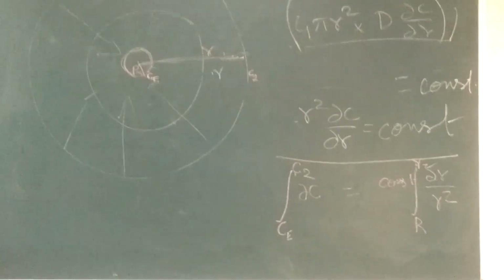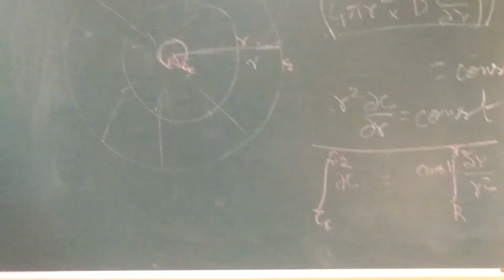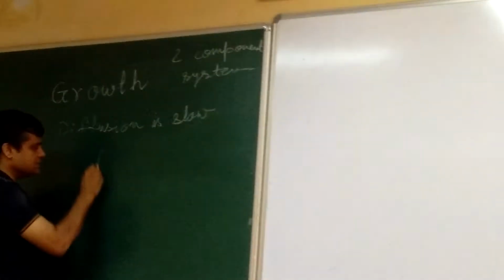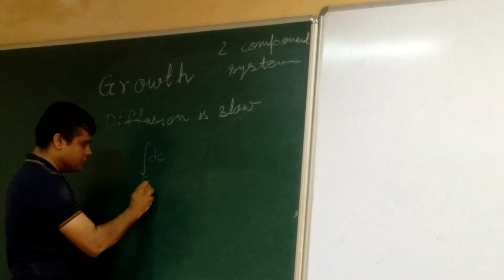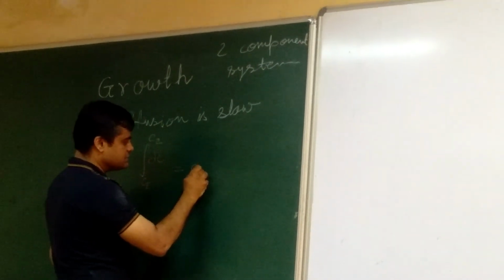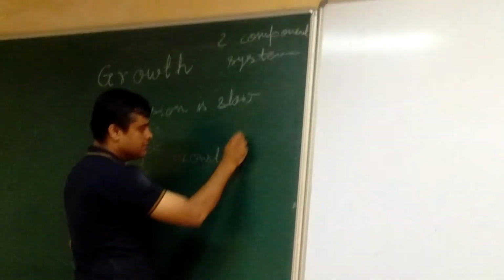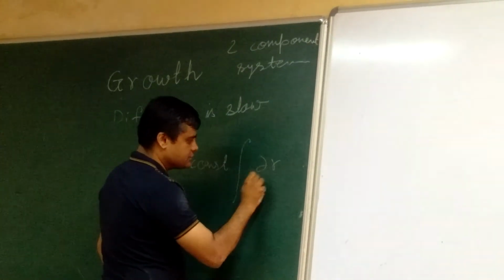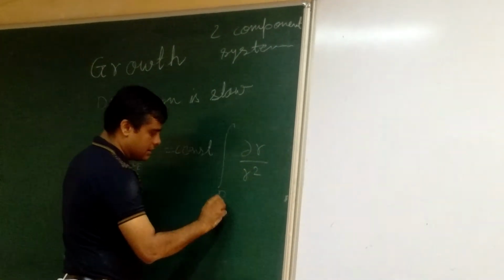Is it okay? Anyone not following, please let me know. In this equation, C is varying from CE to C2, equal to constant times del R over R square, and r is varying from R to R2.